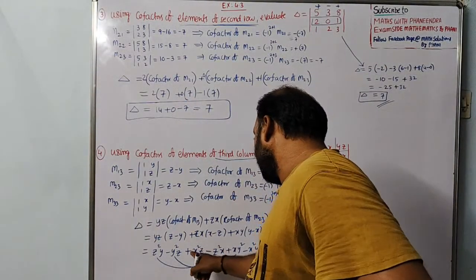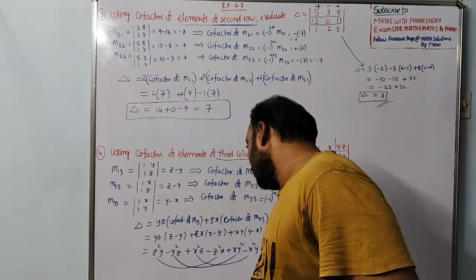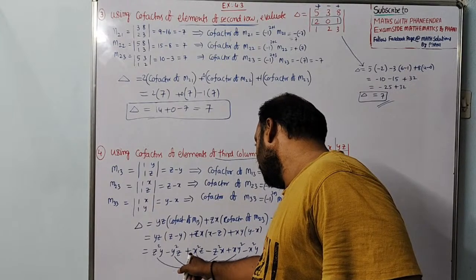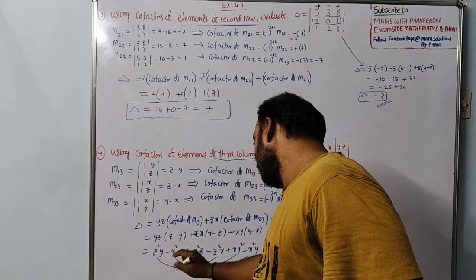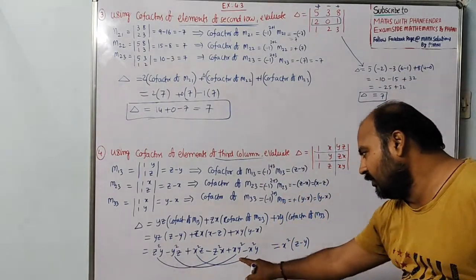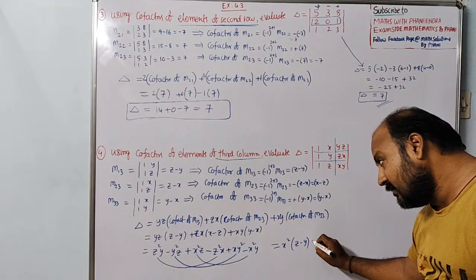Suppose if you take minus here, what happens? From these two x square we take common, x minus z minus y.